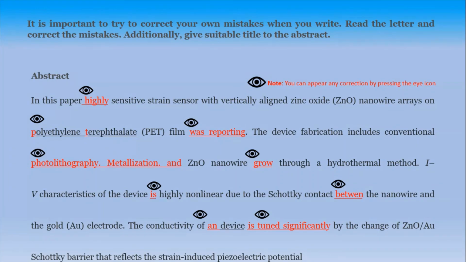You see here, a capital letter starts at the beginning of the line, and we say, in this paper, that's all. For separated sentences, you have to use punctuation, a punctuation mark or comma, and then start a new sentence.